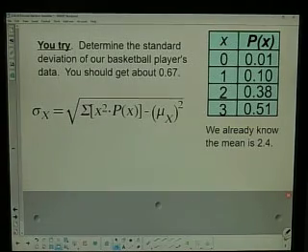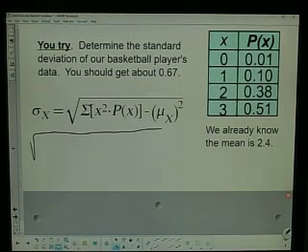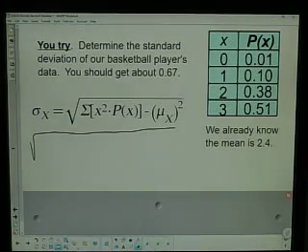All right, if you were lost, here's what's going on. You're looking at the square root of the summation of each value squared times its probability, and then minus the mean squared. And we already know the mean is 2.4. That's why I put that in there on the side for you. So what's going on is this.